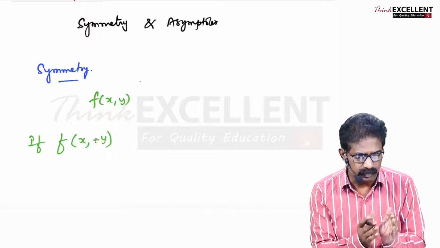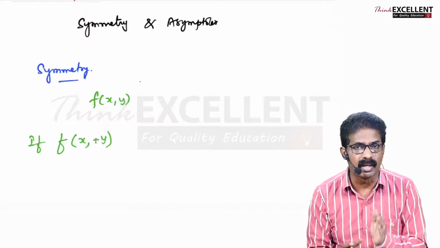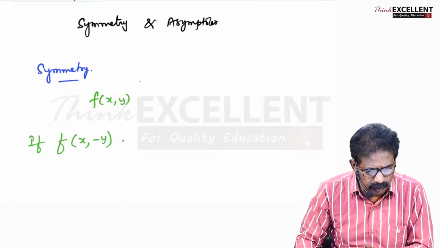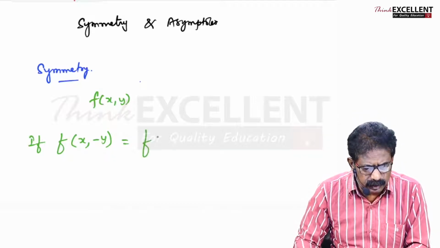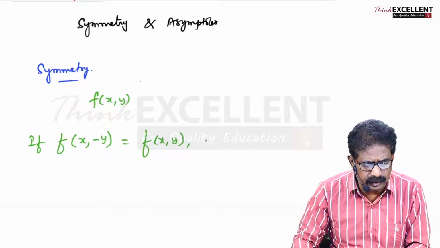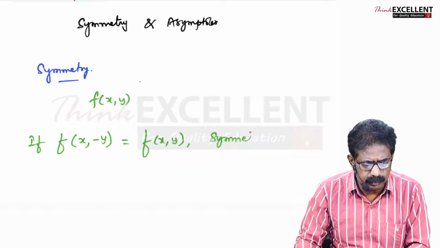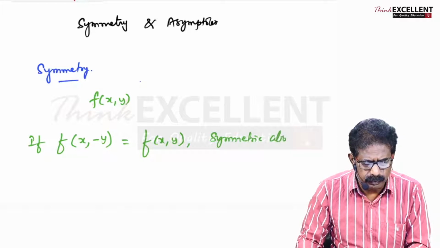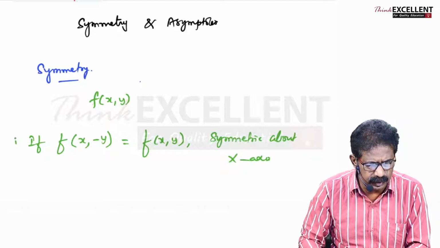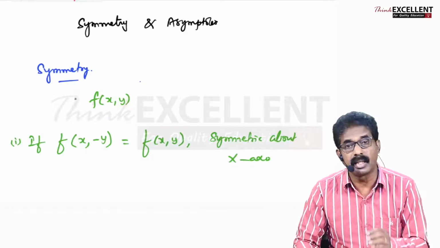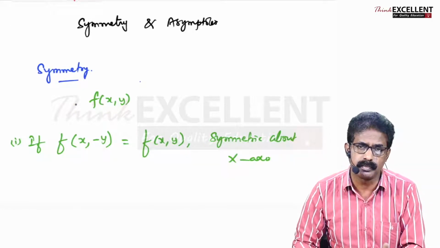Meaning for x you write x itself, for y you write minus y. When you do like this, if there is no change and you get the original function itself, then you say the curve is symmetric about the x-axis. This is how we check whether the curve is symmetric about the x-axis.